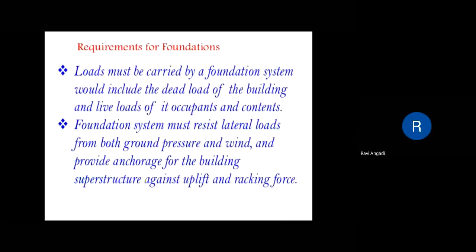Then what are the requirements for foundations? Before designing any foundation, what requirements do you need to understand? The loads must be carried by the foundation system, which include the dead load of the building and the live load of the occupants and also its contents.